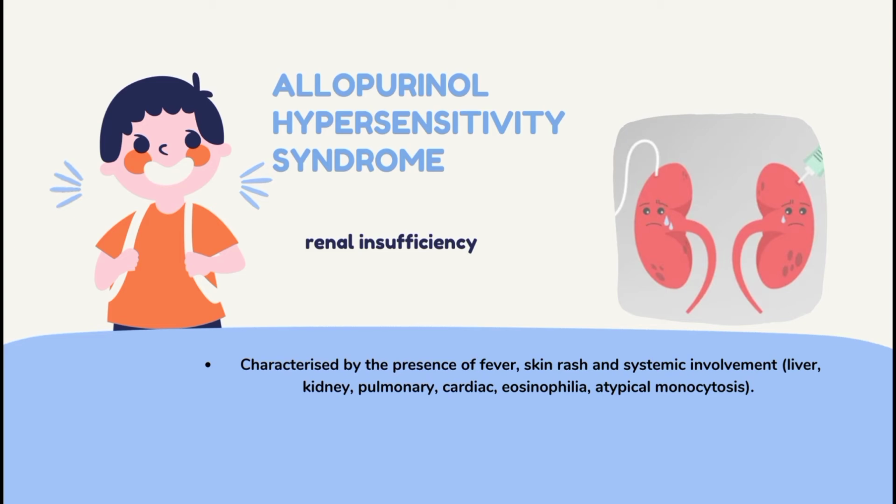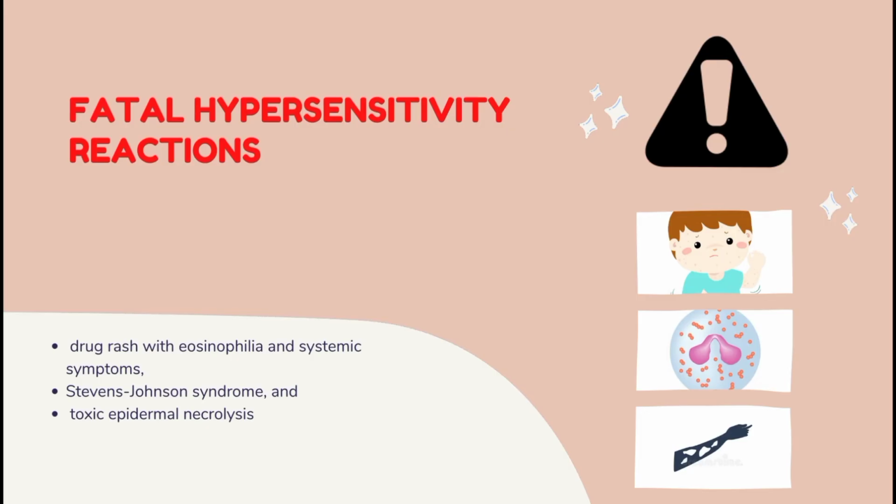It is characterized by the presence of fever, skin rash, and systemic involvement such as liver, kidney, pulmonary, cardiac, and eosinophilia, and fatal hypersensitivity reactions. It includes drug rash with eosinophilia and systemic symptoms, Stevens-Johnson syndrome, and toxic epidermal necrolysis.